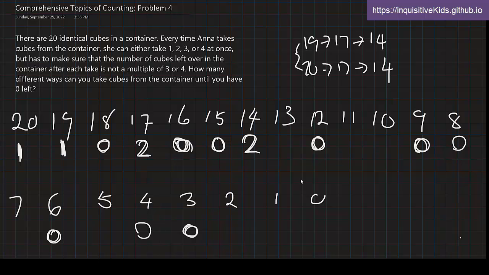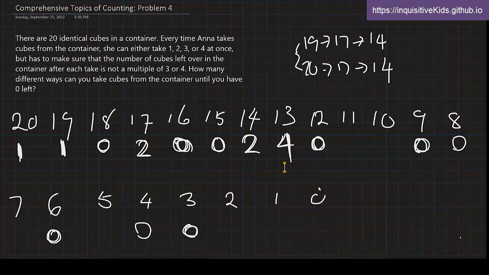With the same thinking for the rest of these numbers, we can quickly fill this out. 13 we could get from 14, and also from 17, by going 17 to 13 if you subtract 4, or 14 to 13 if you subtract 1. 2 plus 2 is 4, so 13 has four possibilities. 11 can be reached from 13 and from 14, but not from 16, which is too far apart.